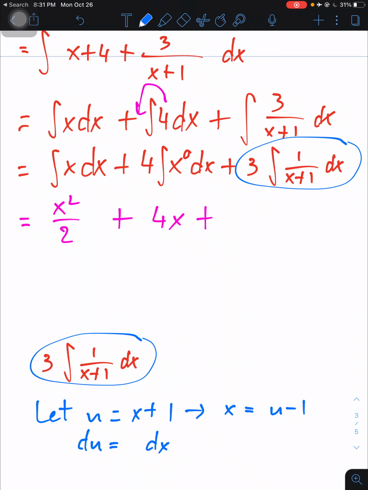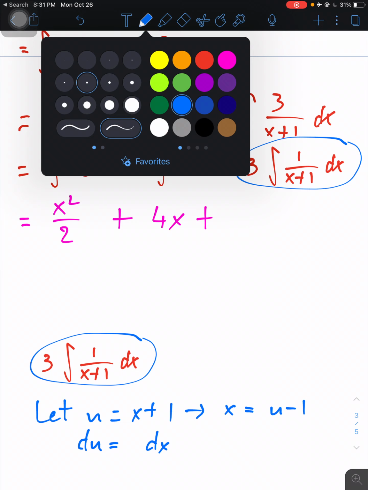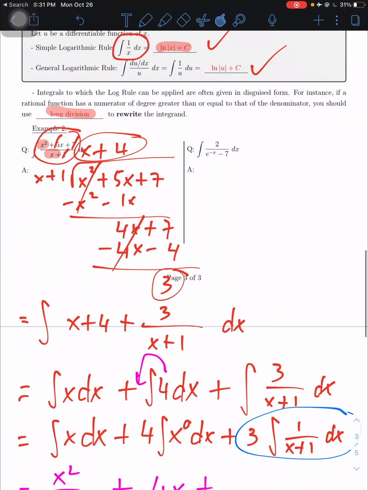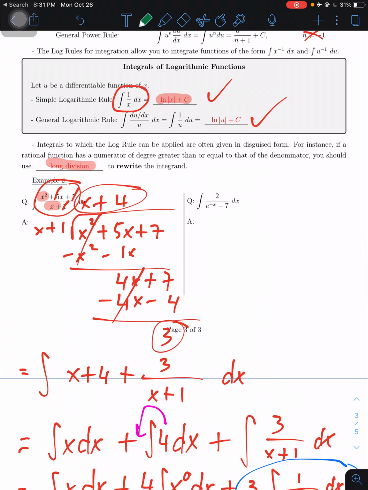Okay, so what do I do next? Well, I'm going to put everything back into the equation, but in terms of u, right? So this in here equals 3, and then 1 over u, and then dx is du, right? And if you remember this formula that we just learned, we know that the integral of 1 divided by something, d something, equals ln of that something, right?